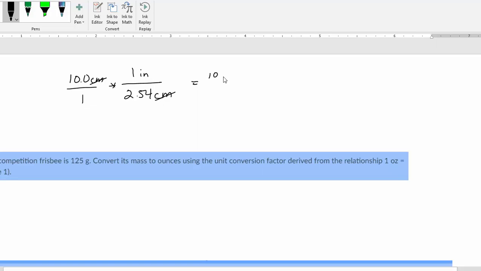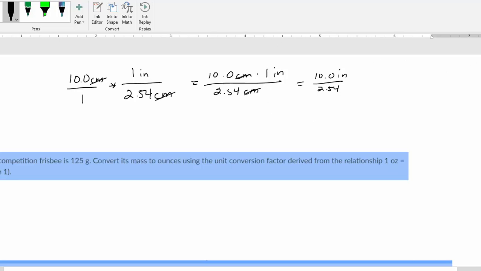So I would have 10.0 centimeters times 1 inch over 2.54 centimeters. The centimeters would cancel out. Then I'm left with 10.0 inches divided by 2.54. I can do that calculation and end up with my inches.